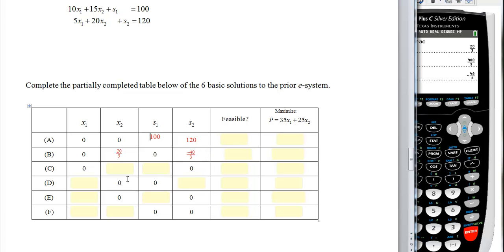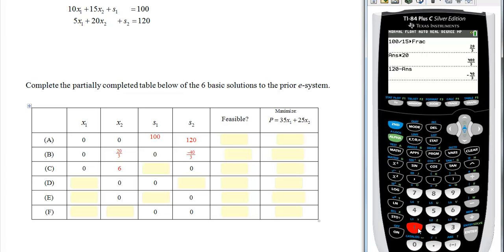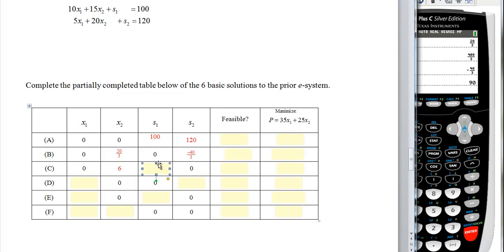So far so good. X sub 1, S sub 2. Divide by 20. So it looks like this needs to be 6. And if I put 6 up here, 15 times 6 is 90. Yep. So if that's 90, and I've got to subtract that from 100, so that should be 10 here. Very good.